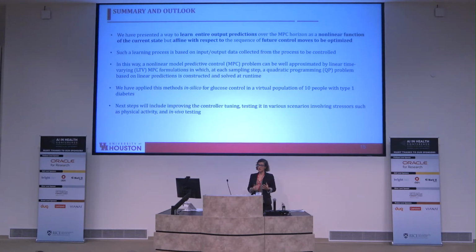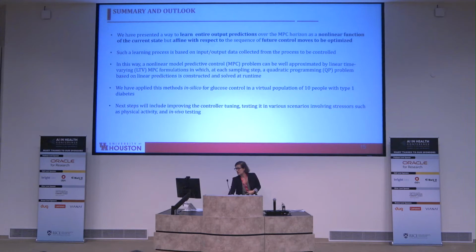So in this way, a nonlinear model predictive control problem can be very well approximated by the linear time varying MPC, where at each sampling step, a QP problem based on the linear prediction is solved at runtime. So the computational burden is only in the fitting of the LSTM, which is done offline, okay? Online, we are just solving a QP problem in a very efficient way.